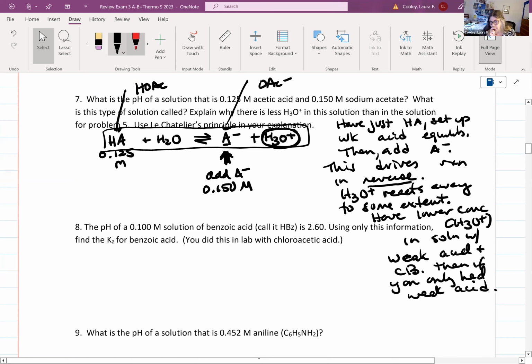Sometimes this is called a common ion effect, where you add an ion that is common to the equilibrium and it drives the reaction the opposite way.